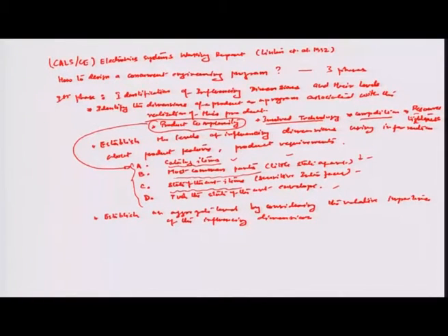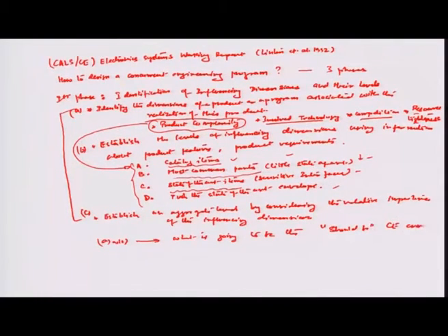Okay. So, all these steps, let us say small a to small c, are because we want to really establish what is going to be the should-be C environment, okay, concurrent engineering environment.